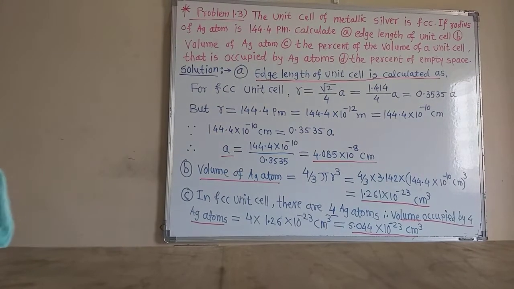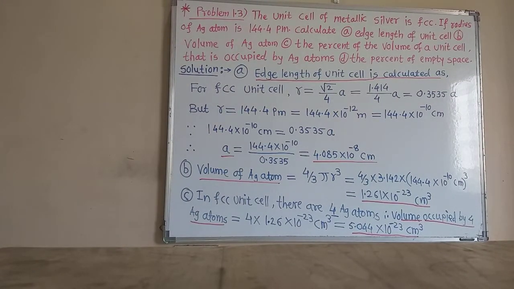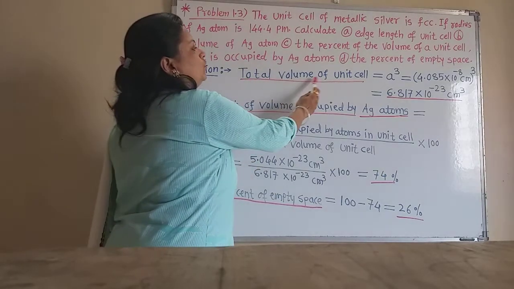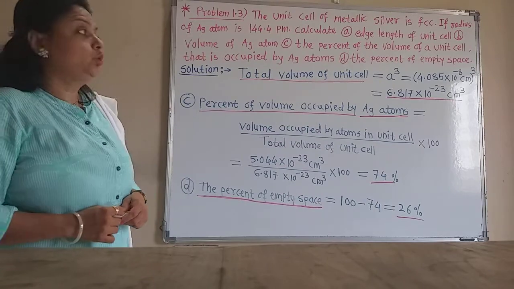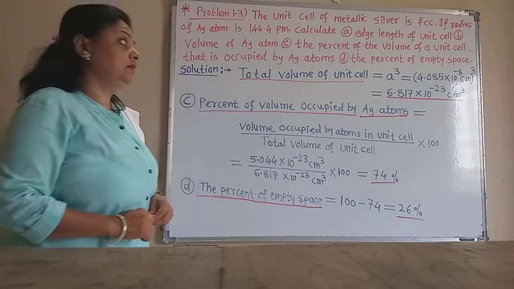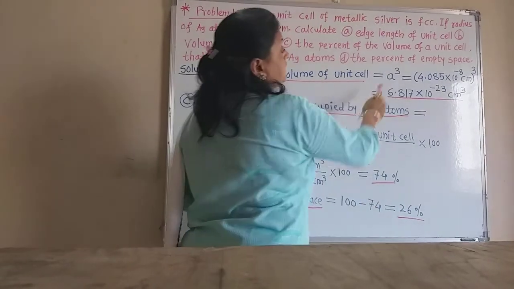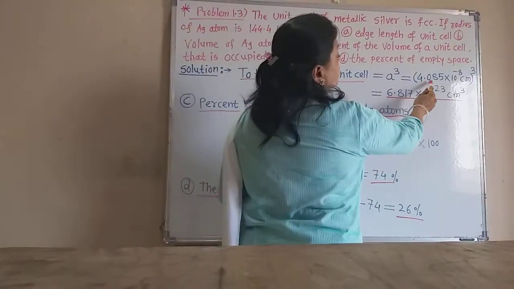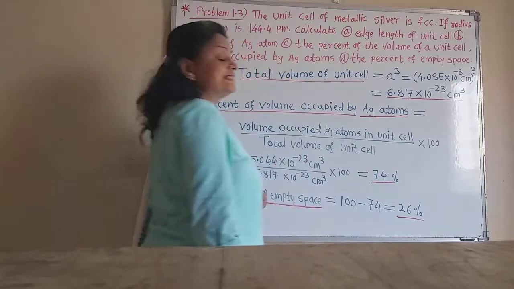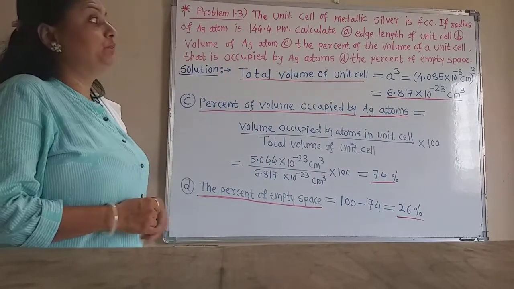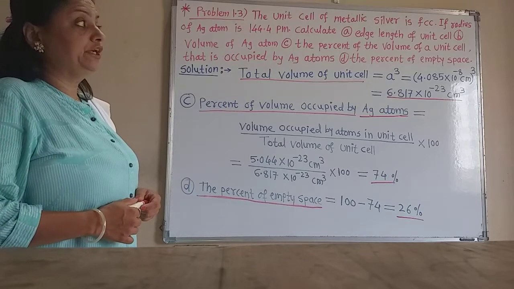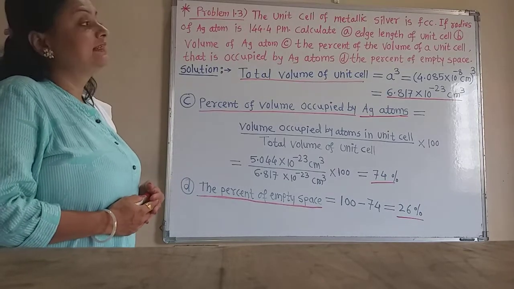Let us calculate. Now first let us calculate the total volume of the unit cell. Now total volume of unit cell is obtained by taking the cube of the edge length, a cube, and that is equal to 4.085 into 10 raised to minus 8 centimeter cube, because the value of edge length we calculated is 4.085 into 10 raised to minus 8 centimeter.